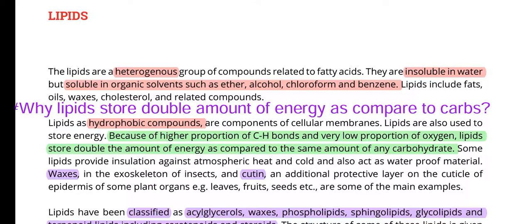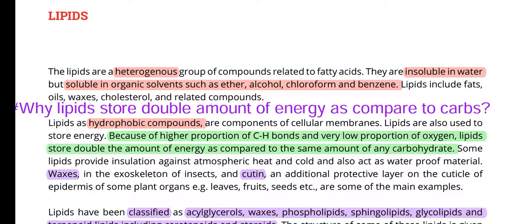Due to this feature, they will of course store double the amount of energy as compared to the same amount of carbohydrates. And wax and cutin are also examples of lipids.